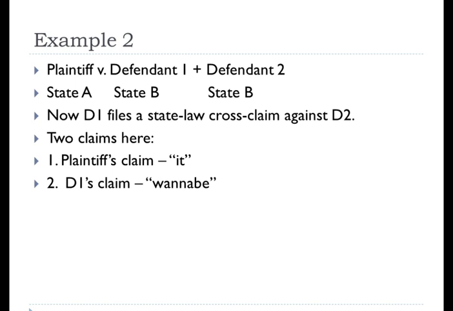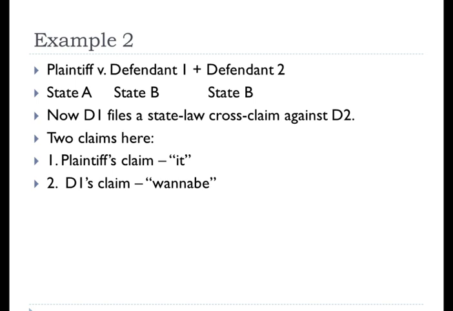Here's another example. We have a plaintiff versus two defendants. The plaintiff is from state A, the two defendants are both from state B. We have complete diversity. Let's assume the amount in controversy is met. But now, defendant number one files a state law cross-claim against defendant number two.